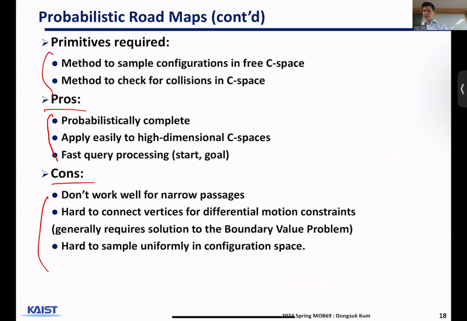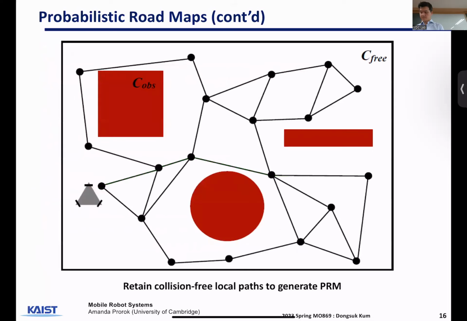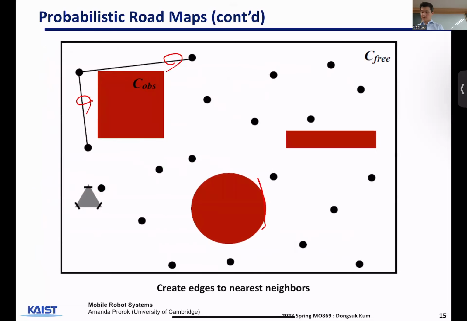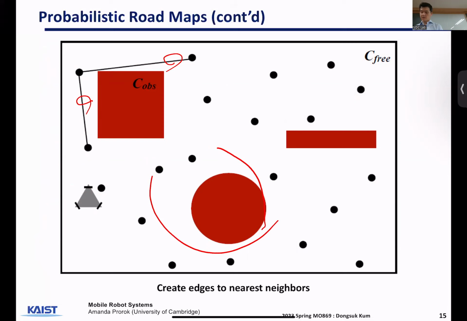Cons: they don't work well for narrow passages, because let's say this obstacle was bigger, then if you don't have samples here, it's highly likely that you won't find the path, meaning that this has a collision, this has a collision, so no path through that narrow path.